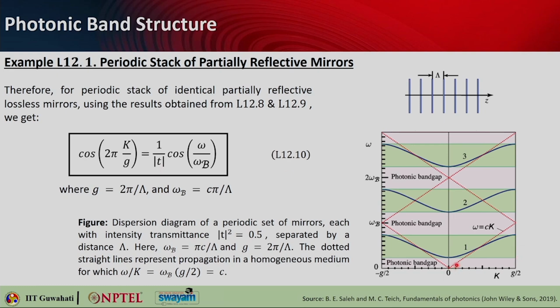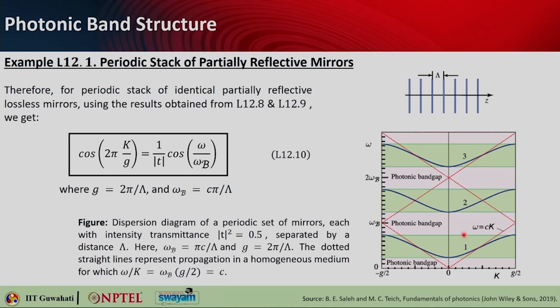You can see these red dotted straight lines, they are basically the approximation of a homogeneous medium. If you assume the entire medium to be homogeneous, in which omega by k equals c, or you can carefully work this out and see that omega by k will be omega b times g by 2, that also comes out to be c. So, you will have these straight lines. These are basically the homogeneous medium approximation.